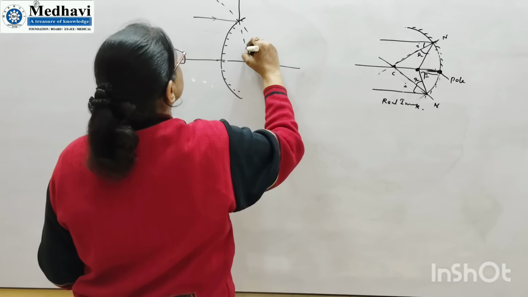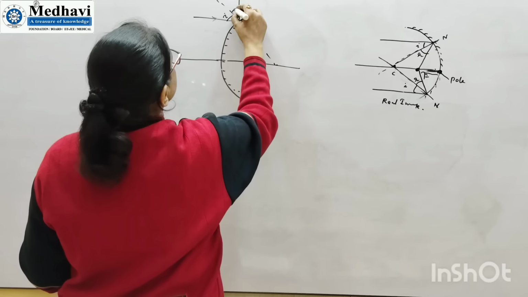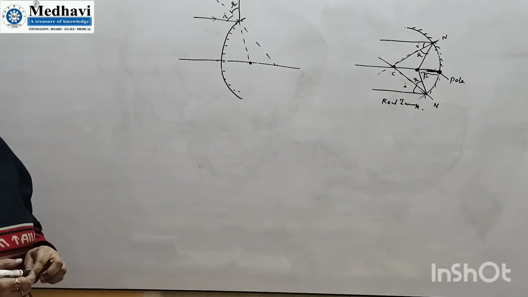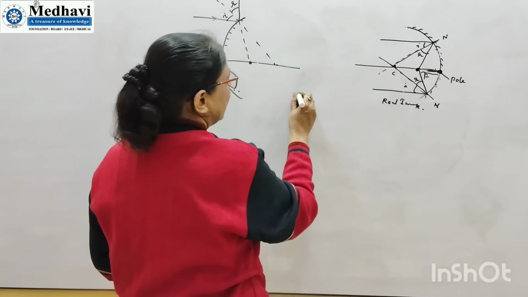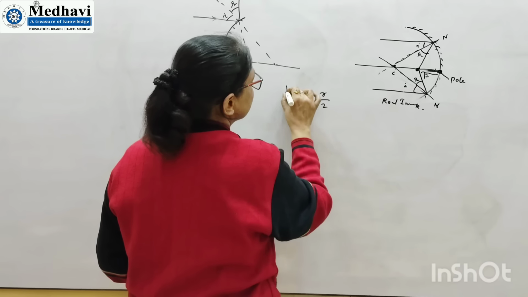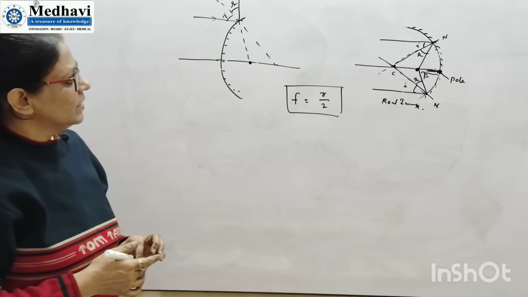Here we will extend. This is the point. This is R. So in this way we can write the focus of the mirror, and this focal length is equal to half of the radius of curvature. F is equal to R by 2.